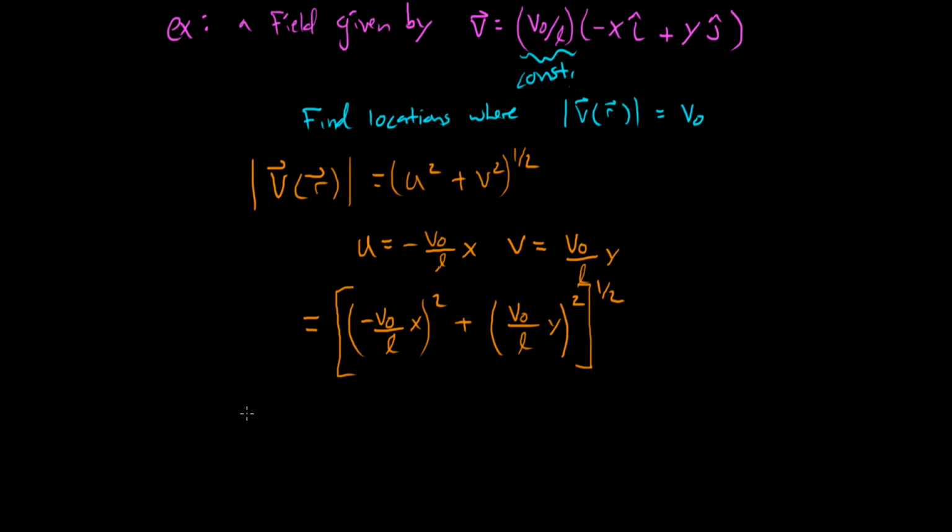And so a little bit of manipulation will show that this is equal to magnitude v0 over L, that part factored out, and we're left with x squared plus y squared, to the 1/2, which you may recognize.